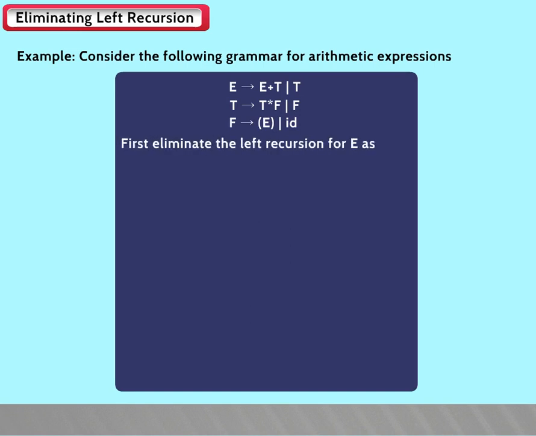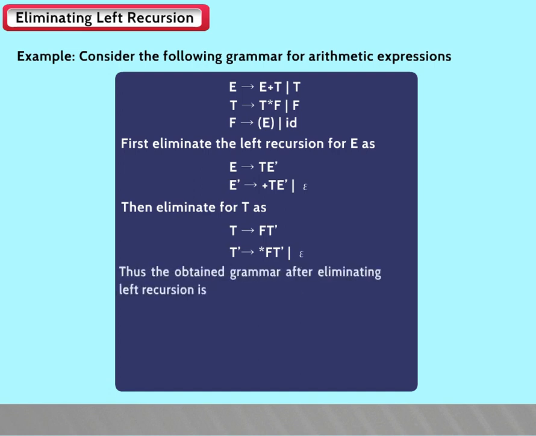First eliminate the left recursion for E as E provides TE dash, E dash provides plus TE dash epsilon. Then eliminate for T as T provides FT dash, T dash provides multiplication FT dash epsilon.